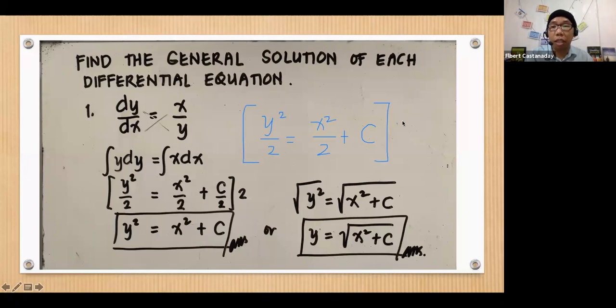So multiply both sides by 2. What will happen here is that we have y squared equals x squared plus 2c, or you can replace this one as c, an arbitrary constant c. Clear? So pwede mong gawin din yung ganong technique.